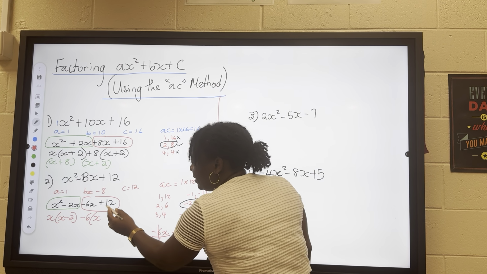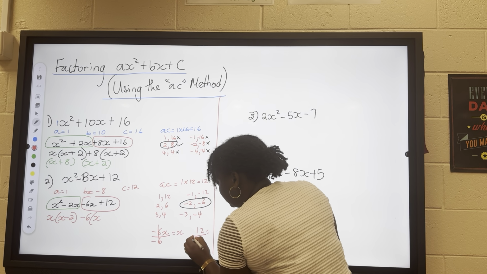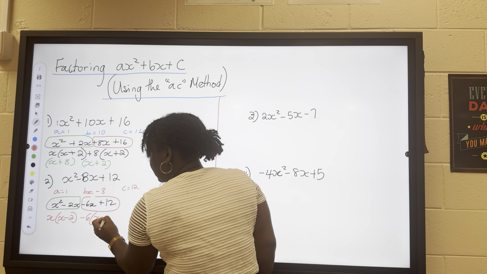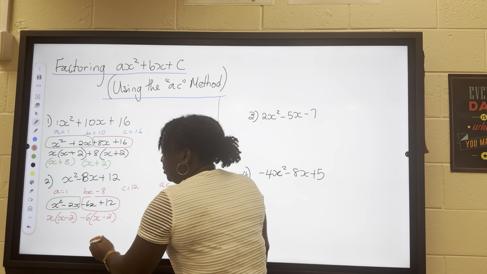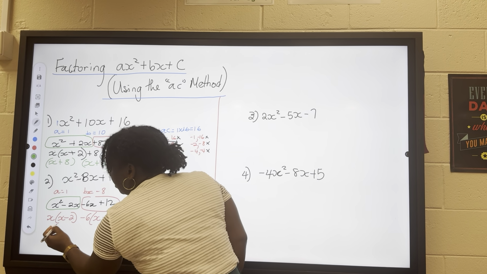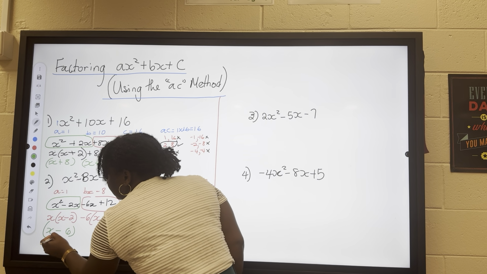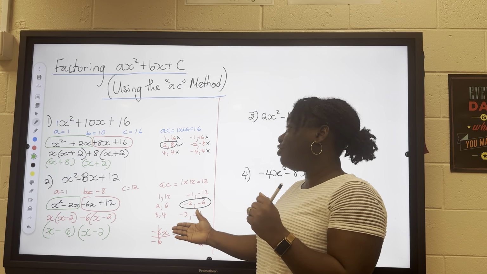I'm left with x. Then 12 divided by -6, that's going to give me a -2. All right, so that's -2. Notice again, the brackets are the same. Let's go in now and write our factors. That's x minus 6 and x minus 2. There we have our 2 factors.